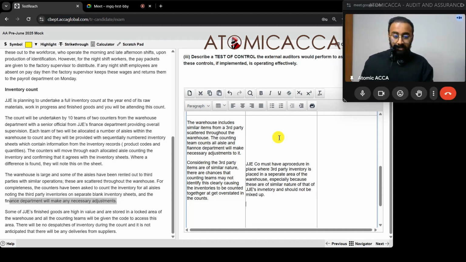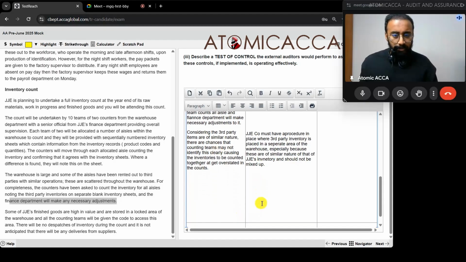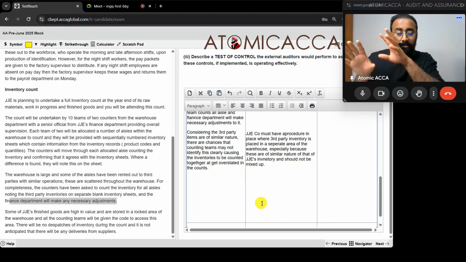Now they place it in different areas. Then after this, they should not have a counting happening at all. Here they told that they are going to count this entire thing and the finance team will do the adjustment. Instead, because it's in a separate area, it shows that it's third party inventory and you don't have to count it.